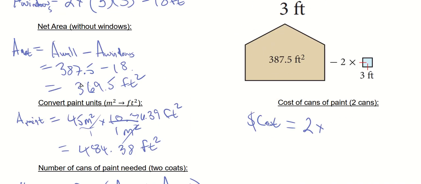So 2 cans times 50.20 equals $100.40. And that's about it.